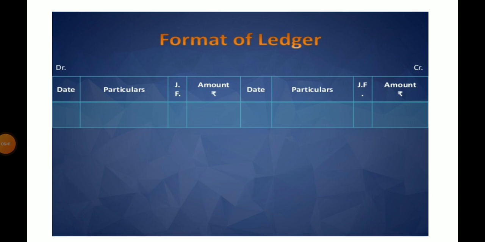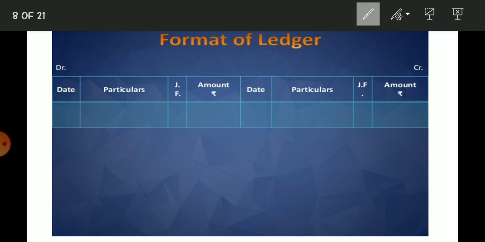now this is the format of ledger. It contains date, particular, JF, that is called journal folio. JF is here, journal folio. Okay, why is journal folio written here? Because we post every transaction from journal. So we write that page number from which we record those transactions.